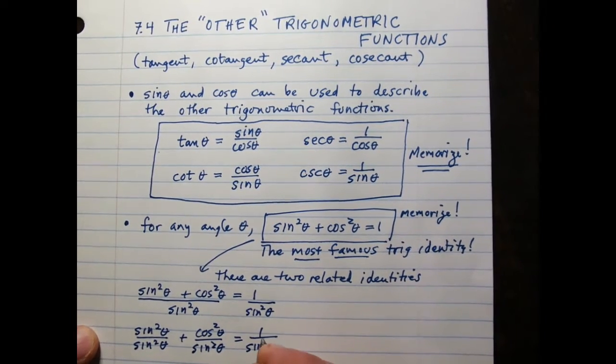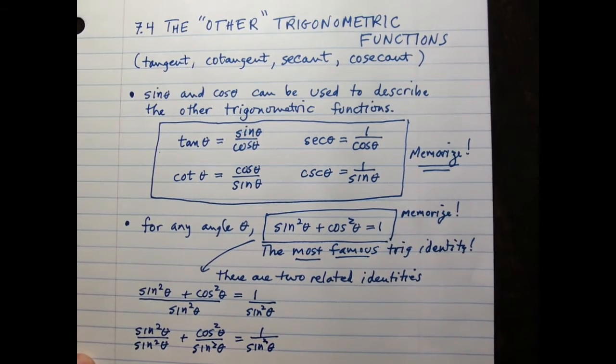And now notice sine squared theta over sine squared theta is 1. Cosine squared theta over sine squared theta can be rewritten as cosine theta over sine theta, squared. And 1 over sine squared theta we can rewrite as 1 over sine theta, squared.